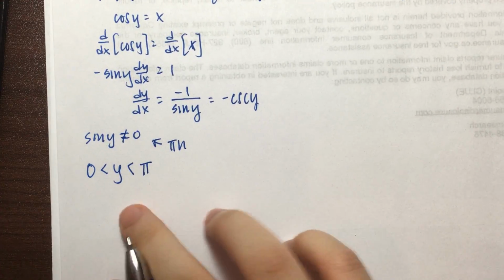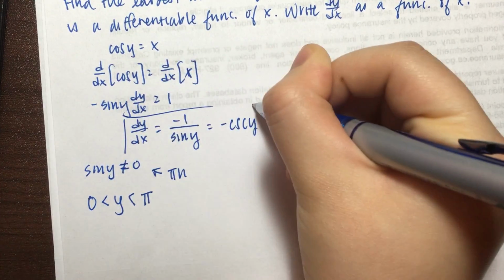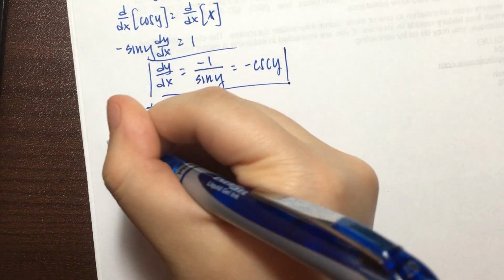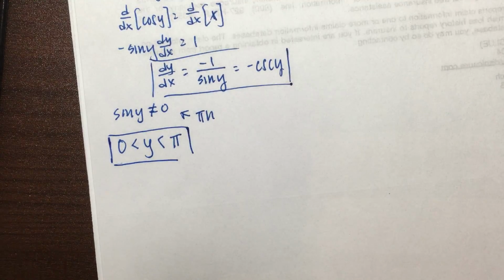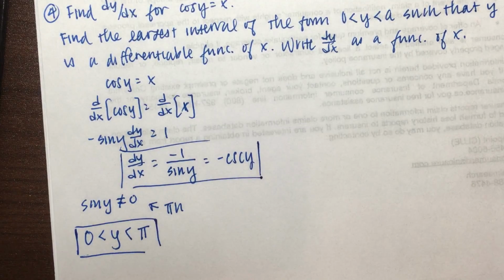So this is the largest interval where that will work. I'm going to box this because this is one of the answers. This question has a lot of parts, so that's one of the parts. This is another one of the parts. This is dy/dx, and then we found the largest interval.